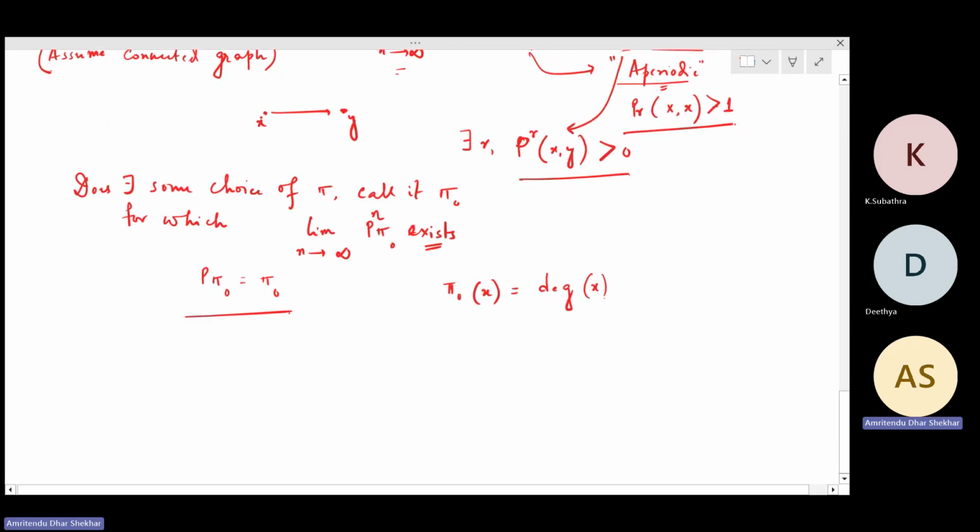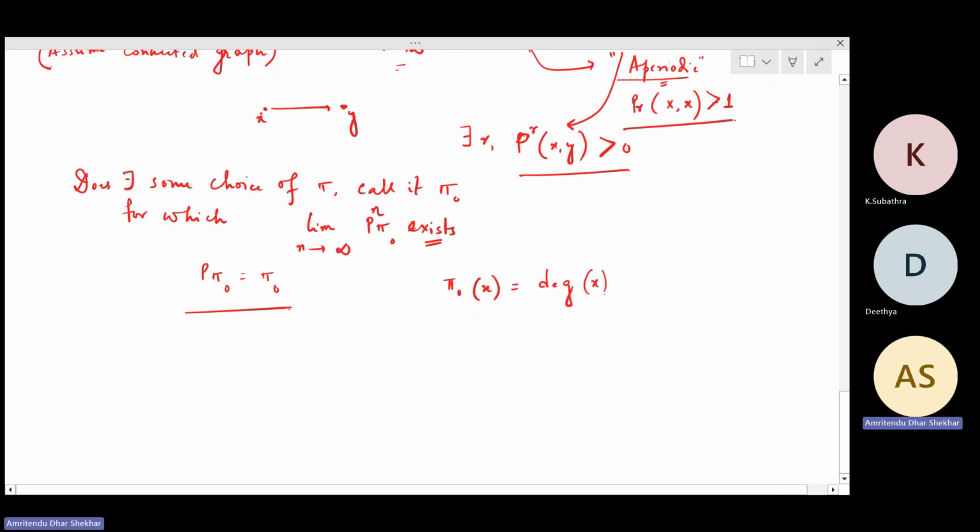But you can't set pi 0 of x equal to just degree of x because it has to be a probability distribution. So in order to make it a probability distribution, you normalize it.